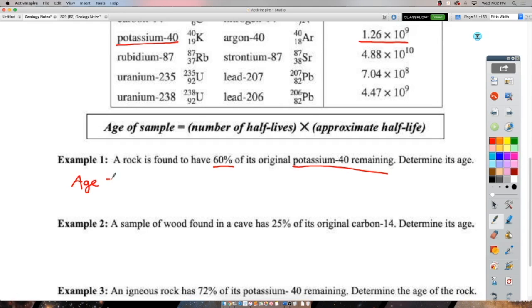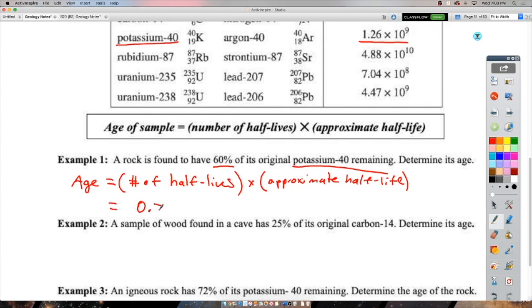So age equals number of half-lives, like we just found on our graph, was 0.75. That's how many half-lives have gone by if 60% is left. And how long is one half-life? It's this many years, 1.26 times 10 to the power of 9 years.